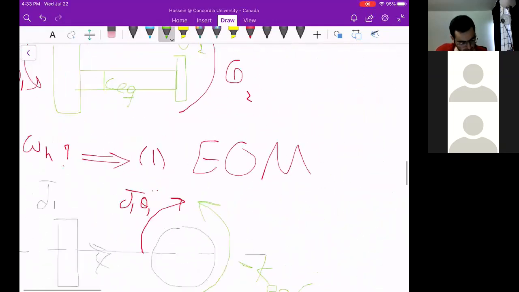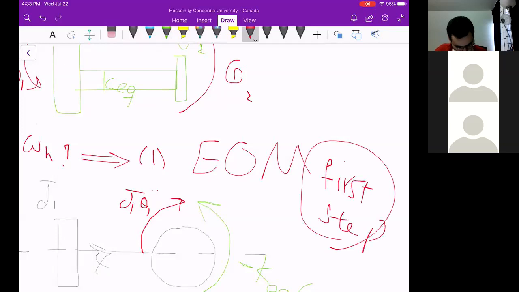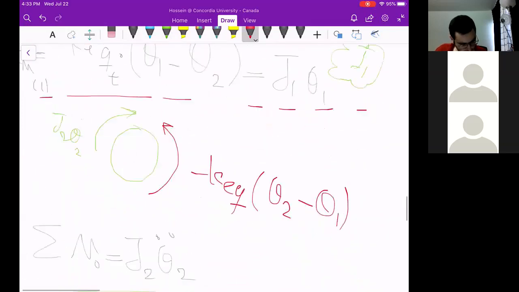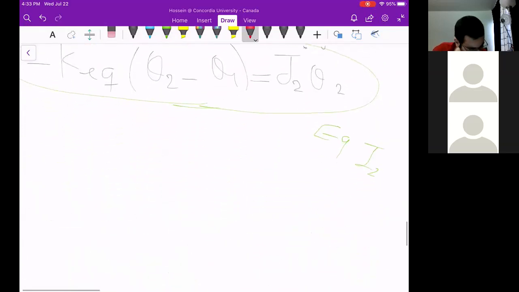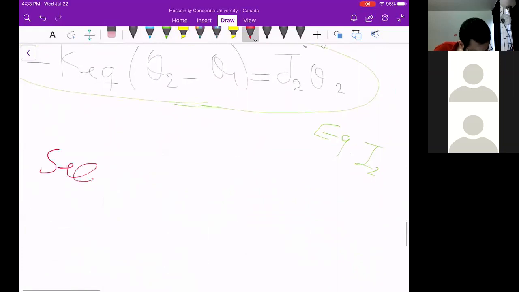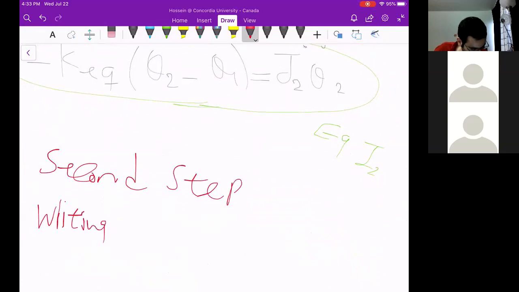And this was the first step, right? First step, the equation of motion, and second step, writing the equation of motion in matrix format.